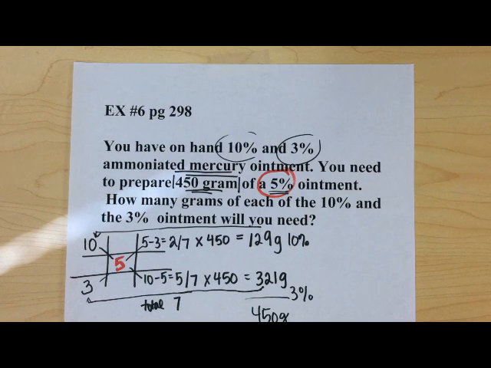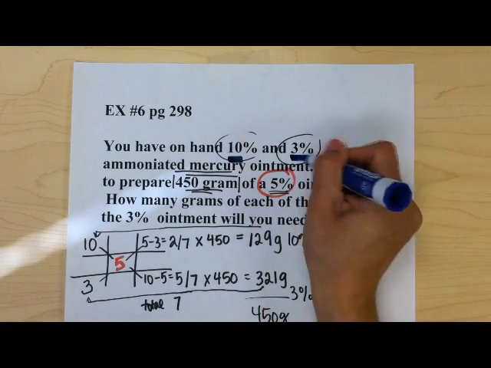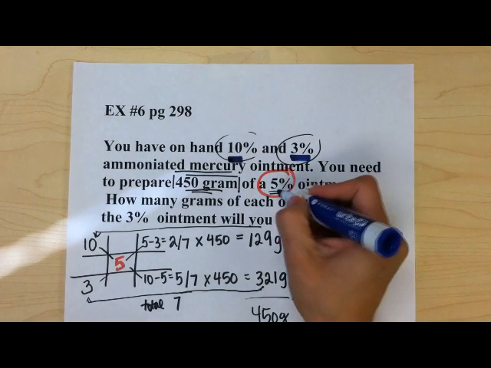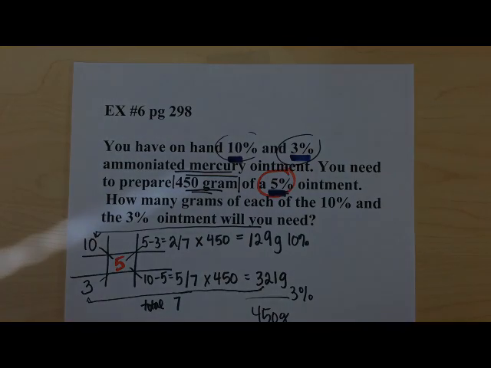So this is an example of a problem where we utilize alligations, or the alligation method, and it's helpful to pinpoint this method when you see 2 percentages adding together to make an entirely different percent, and that's an alligation type example.